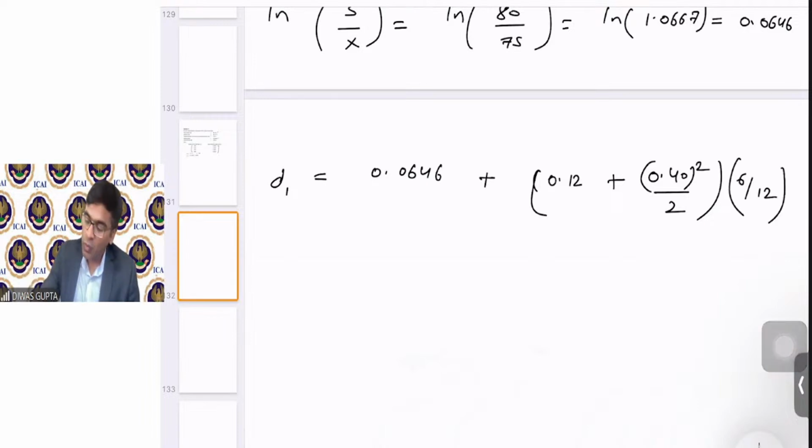Now, students, please note that this is always the annual percentage that we have to take, because you are multiplying with time later on. You are already multiplying with the time later on, so you have to take the annual percentage of return.